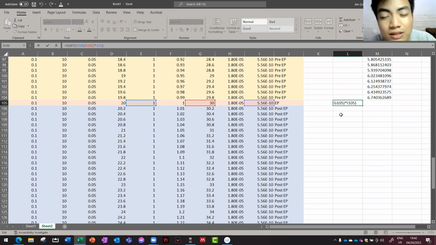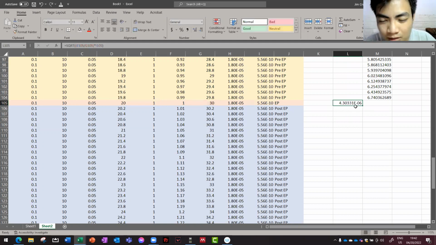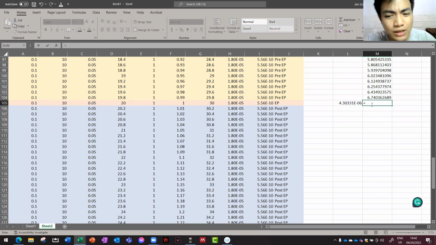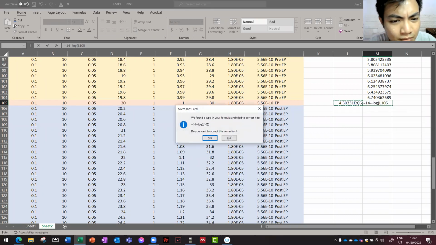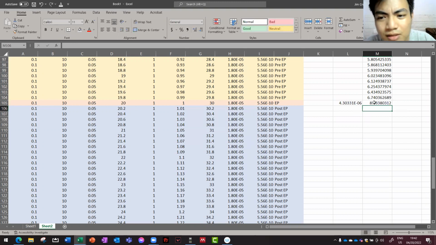Sorry, 5.6 times 10 raised to negative 10. So you just take its negative log. By the way, it's pOH, no? So what you will type to get the pH is 14 minus negative log of the OH concentration. There you go. So this is the pH at equivalence point.